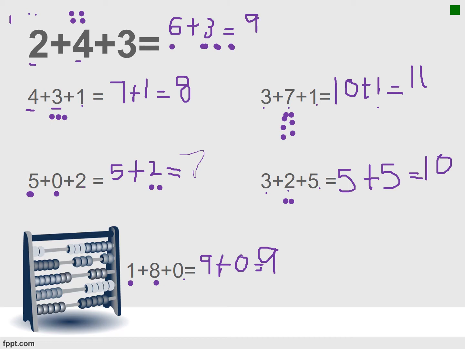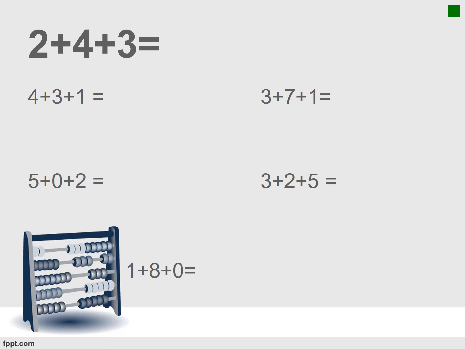So here we use the first two numbers and then we add the third number to find the sum of three single digit numbers. Okay? Right.